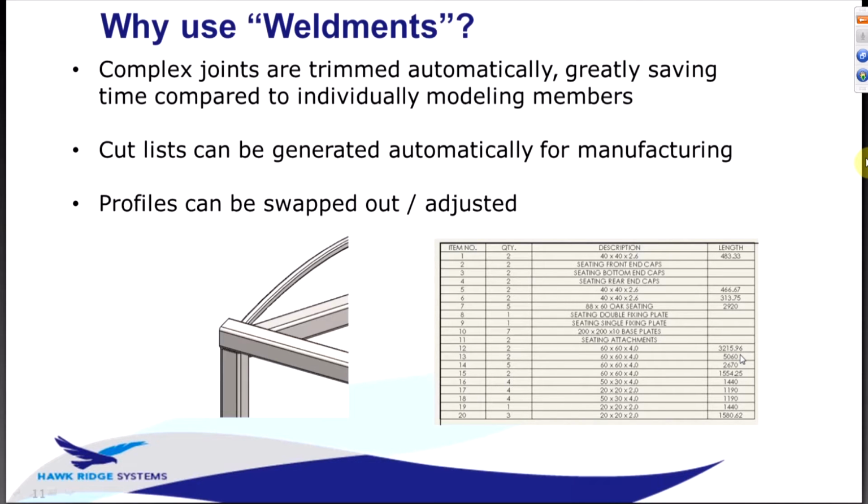So when you go to create a drawing, you'll be able to automatically generate one of these cut lists for manufacturing. And it builds a very robust model. So you can go back and change out the profiles, try different tube sizes, different tube shapes, and also change the overall size of your geometry and have everything rebuilt and updated accordingly.